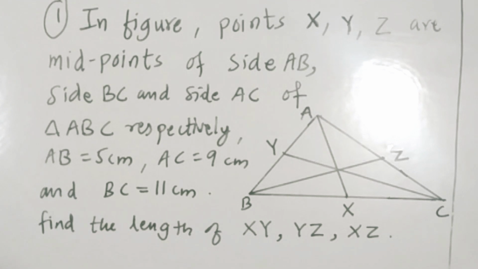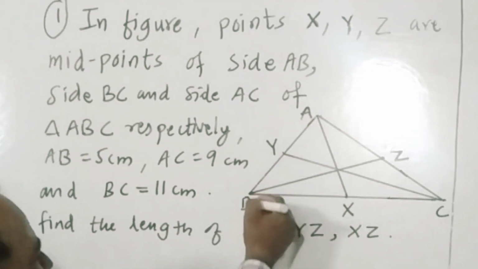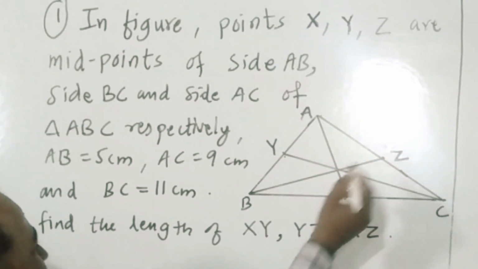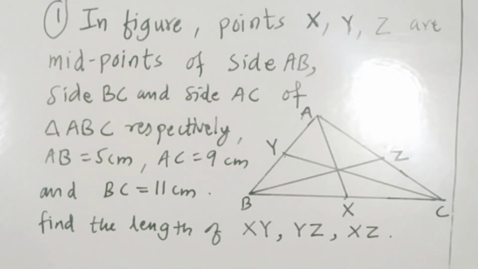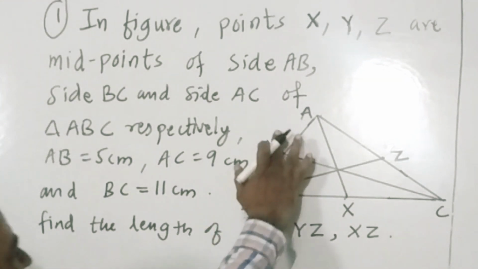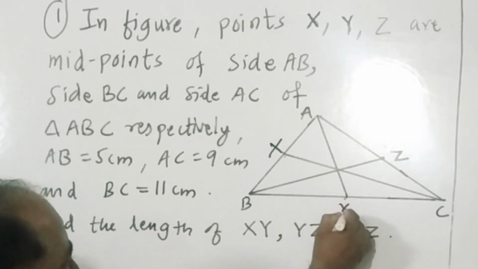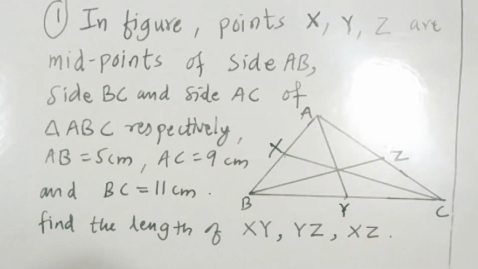First example, in the given figure, in triangle ABC, X is the midpoint of AB, Y is the midpoint of BC, and Z is the midpoint of side AC of triangle ABC respectively.